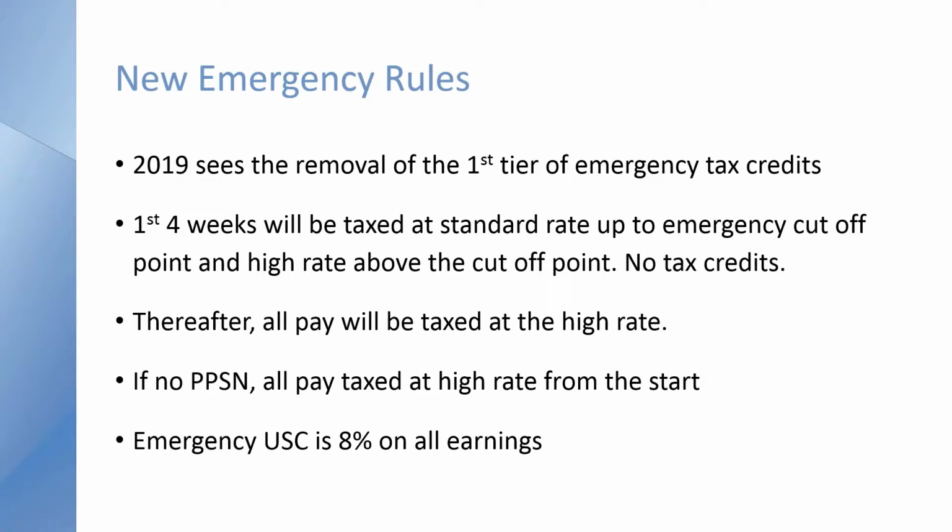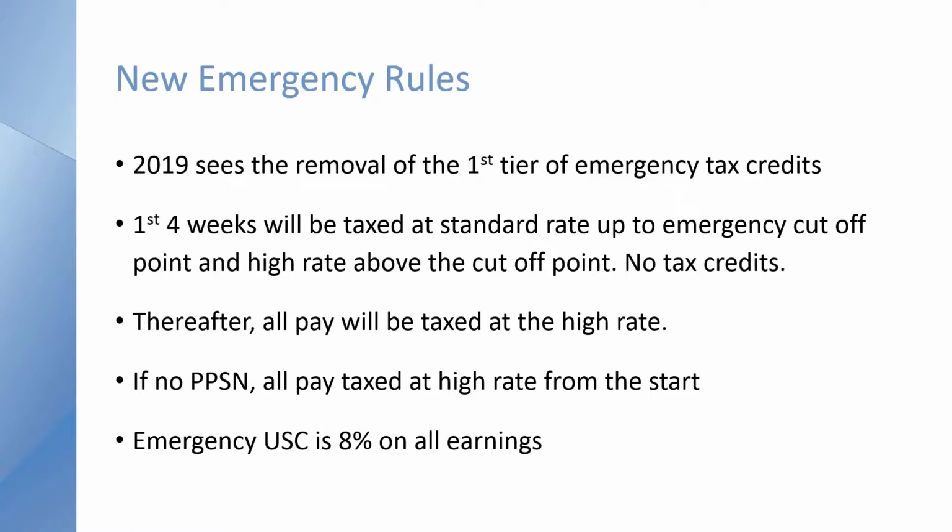Another thing that might catch people by surprise is the new emergency rules that apply from the 1st of January 2019. 2019 sees the removal of the first tier of emergency tax credits. So from now on, the first 4 weeks will be taxed at the standard rate up to the emergency cutoff point and at the high rate after that cutoff point, and no tax credits will apply.